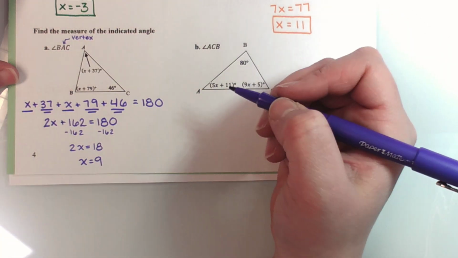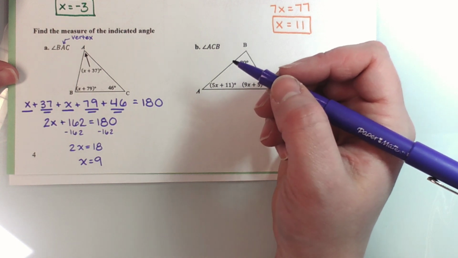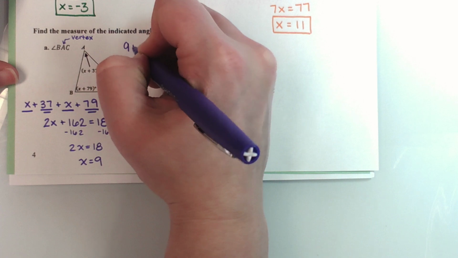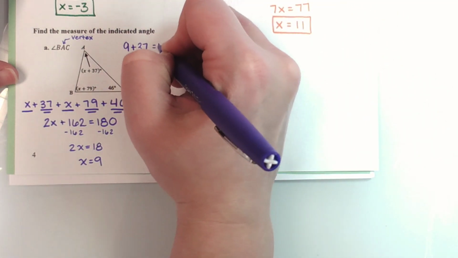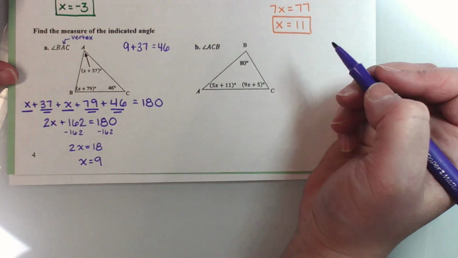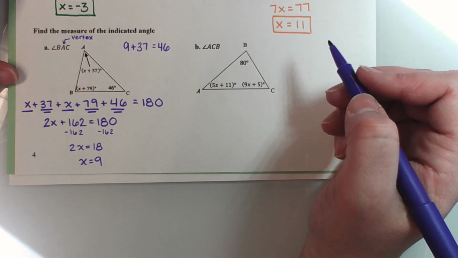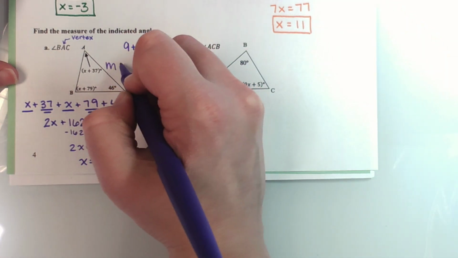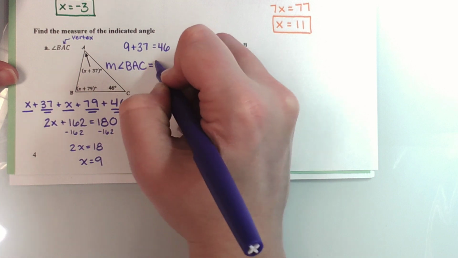Angle BAC is angle A. When I plug back in to the x plus 37, I get 9 plus 37, which is 46. Notationally, what should I be writing though? Measure angle BAC equals 46.